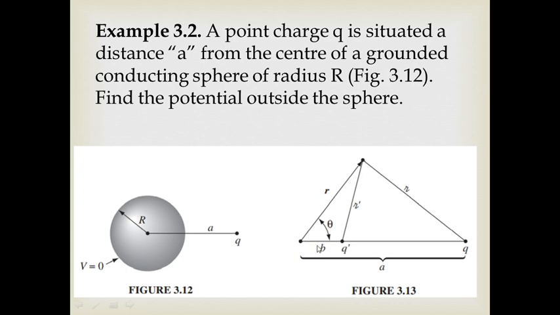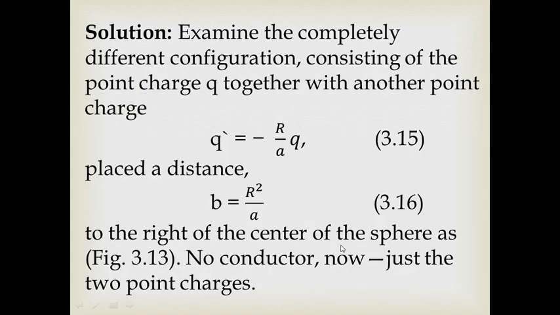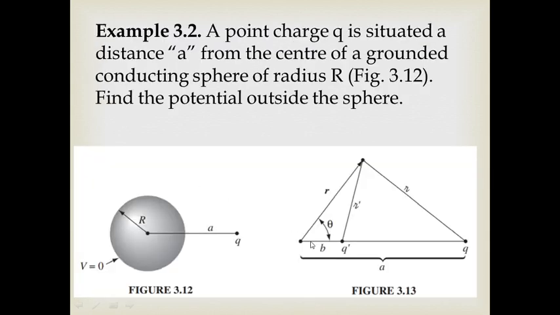The amount of charge q dash is equal to minus R upon a into q, and it is placed at a distance b equal to R square upon a, where R is the radius and a is the distance from the center to the charge q.